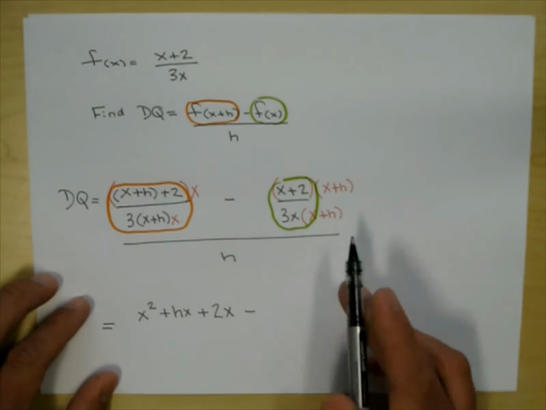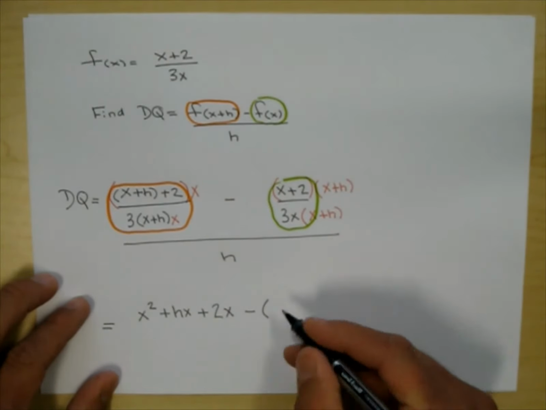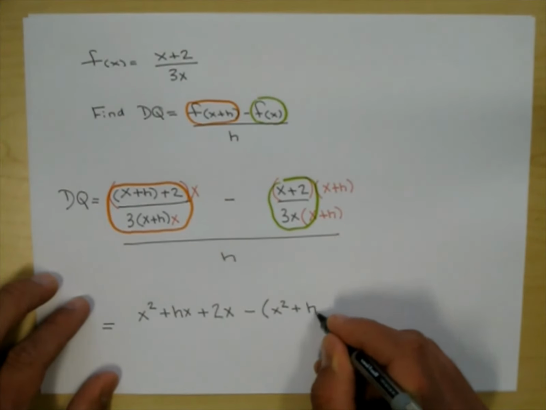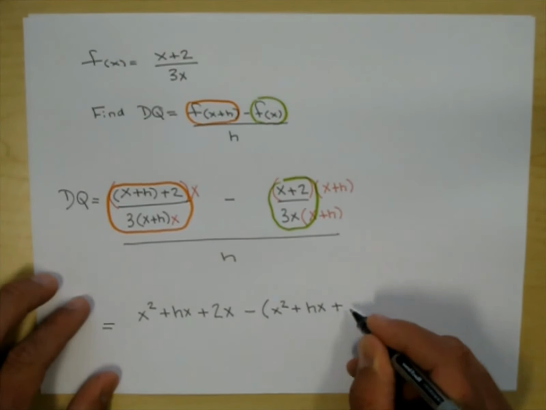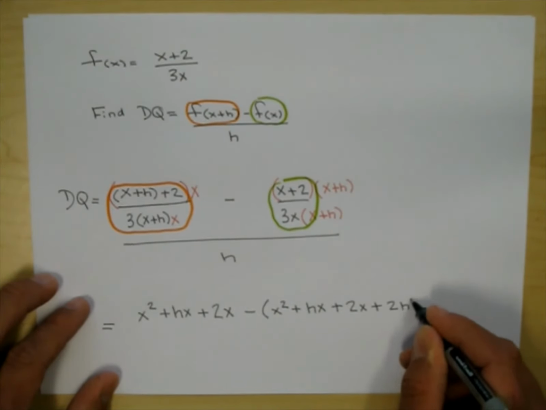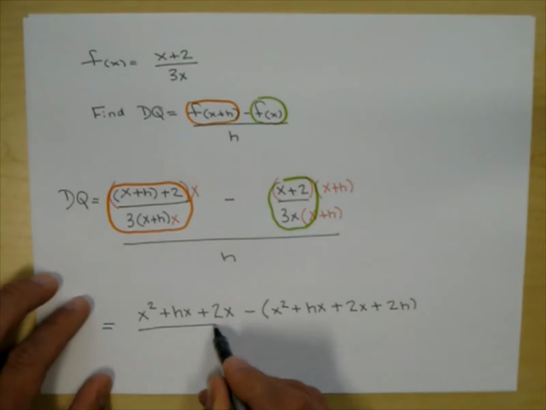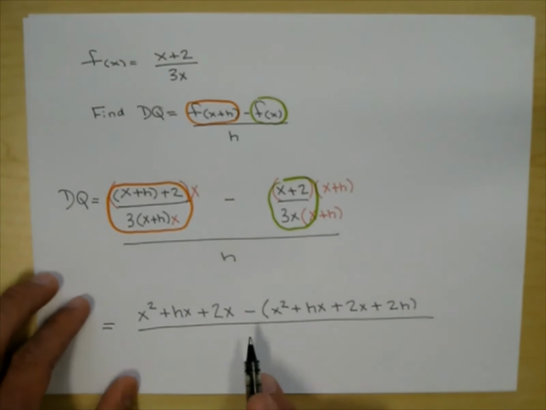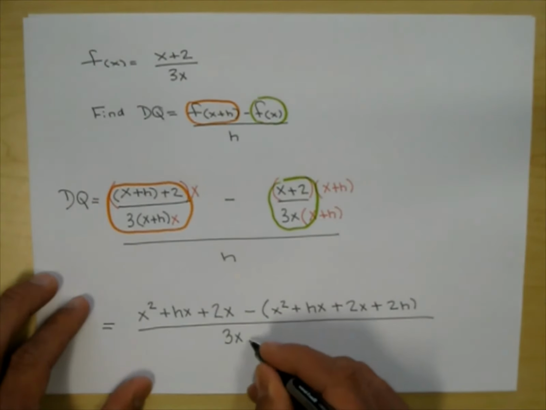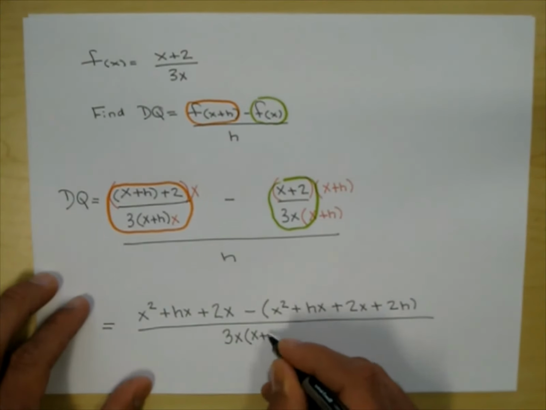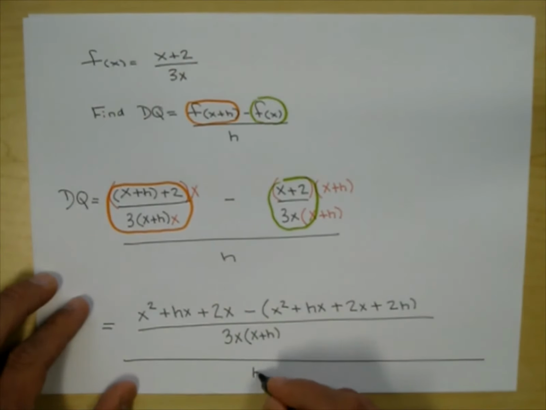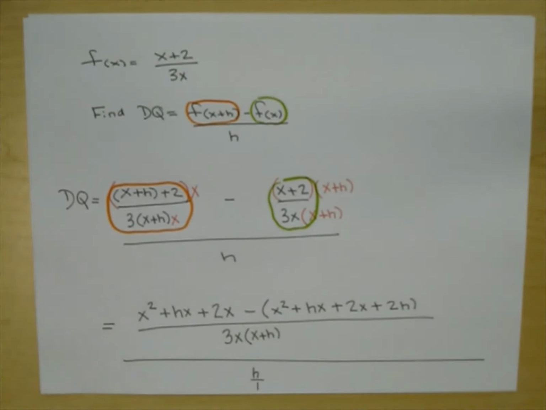I'm going to FOIL that out, and I'll keep it in parentheses. x squared plus hx plus 2x plus 2h. This is all over the LCD of 3x times x plus h, all over h, and then we'll put that h over 1.